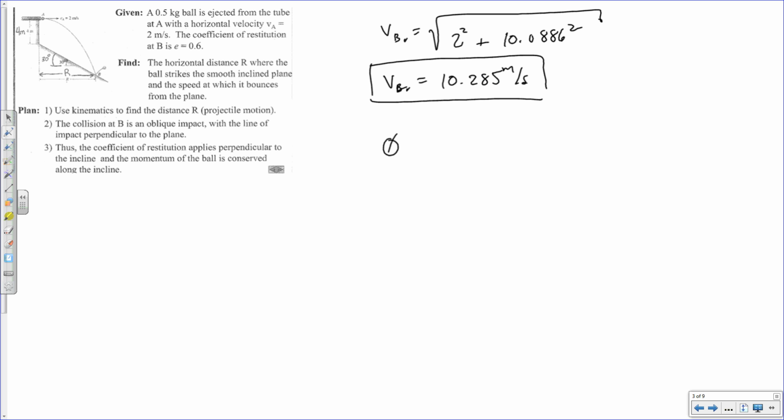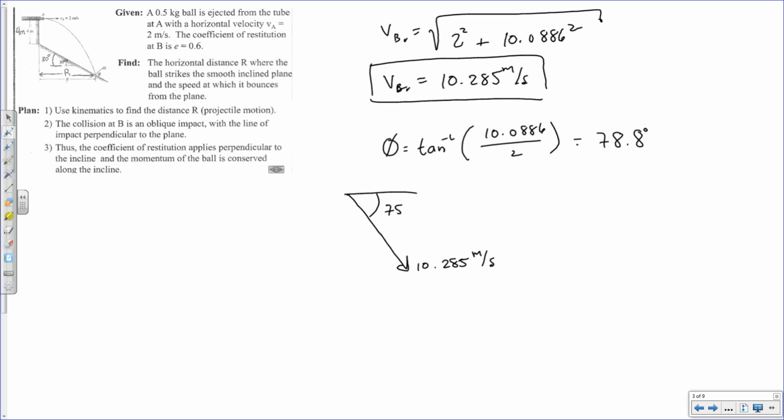So phi is equal to the inverse tangent opposite over adjacent, 10.0886 divided by 2. I find that this angle turns out to be 78.8 degrees. Okay? So this ball is traveling 10.285 meters per second at an angle of 78.8 degrees with respect to the horizontal.